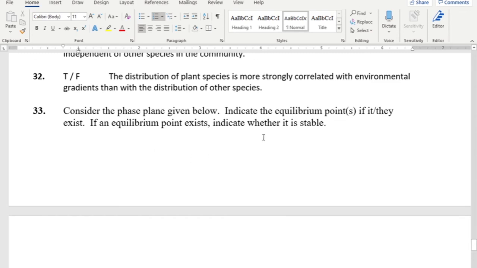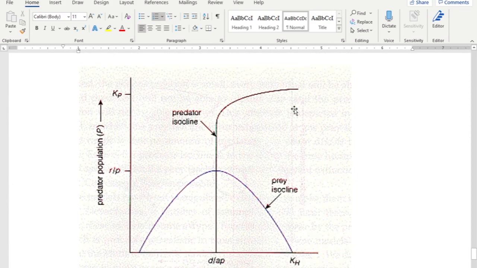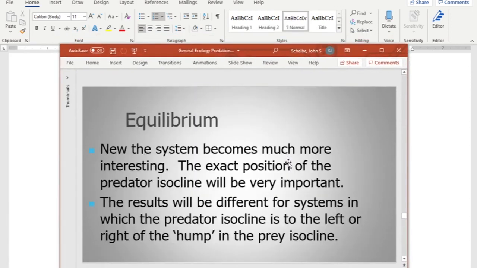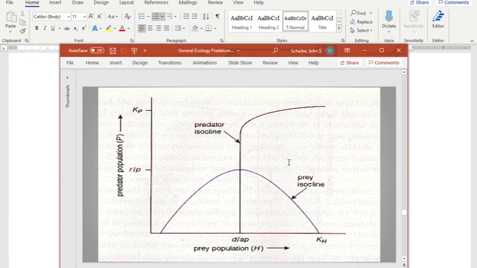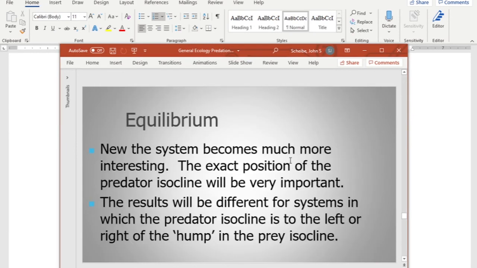Consider the phase plane given below. Indicate the equilibrium points if they exist. If an equilibrium point exists, indicate whether it is stable. All right. We had talked about this one. Let's pull this back again. There, that's exactly that scenario.